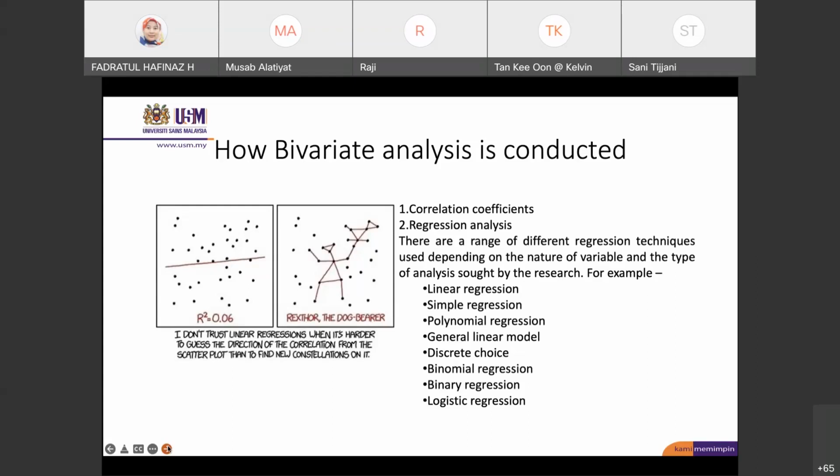So regression analysis is used for advanced data modeling purposes, like prediction or forecasting, right? There are a range of different techniques used depending on the nature of the variables and the type of analysis sought by the researcher, right? For example, you can do linear regression, simple regression, polynomial regression, and so on. Okay.